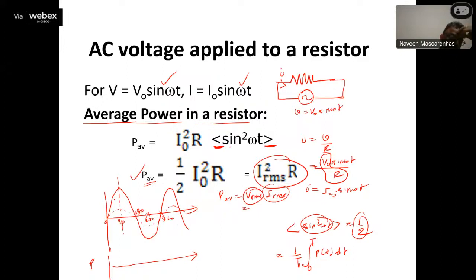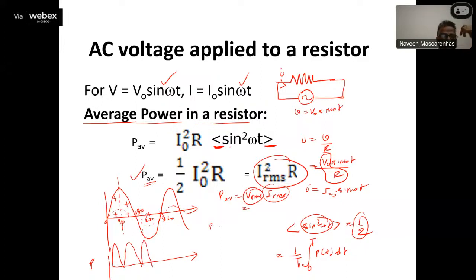Tell me in 0 to 90, both V as well as I are positive. Therefore, positive into positive, you should get positive only. In second quadrant also, I'm sorry, 90 to 180 also both are positive. Therefore, positive into positive should be positive only again. Here, again, negative into negative should give you again positive only, right?